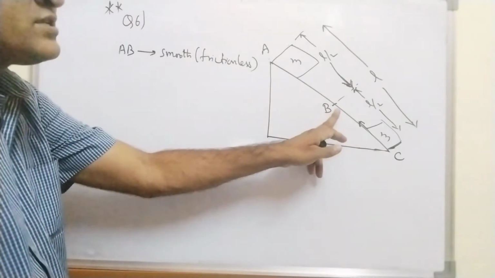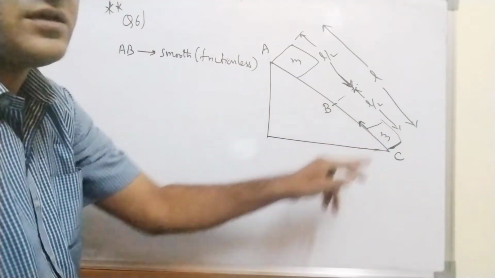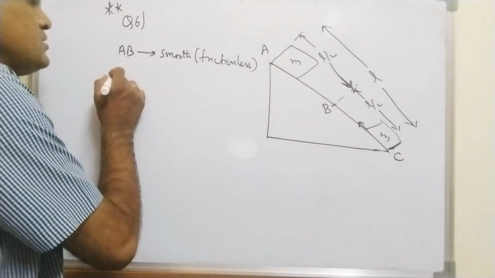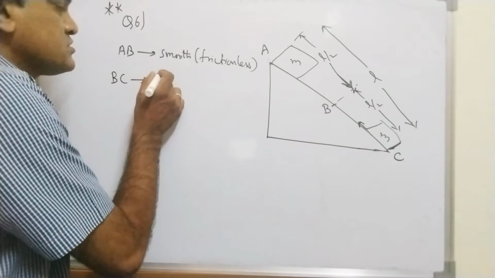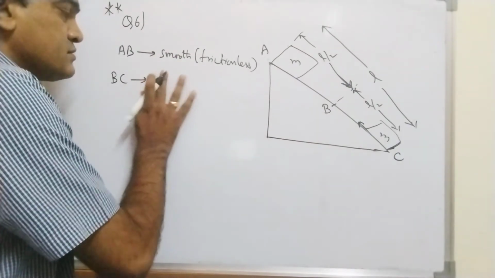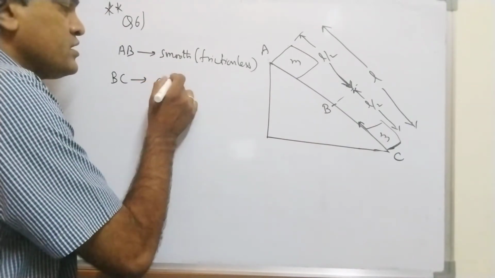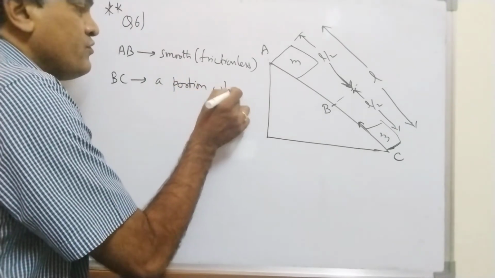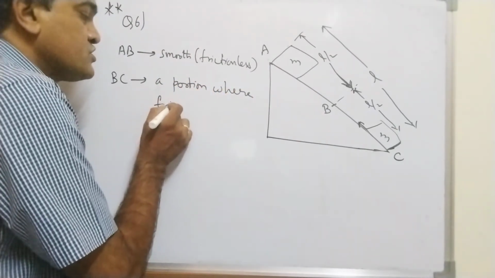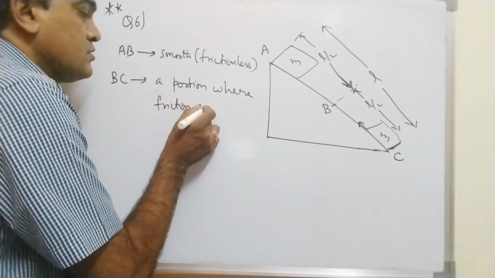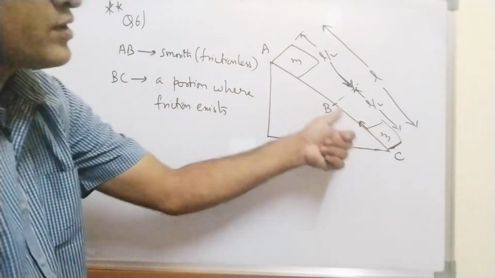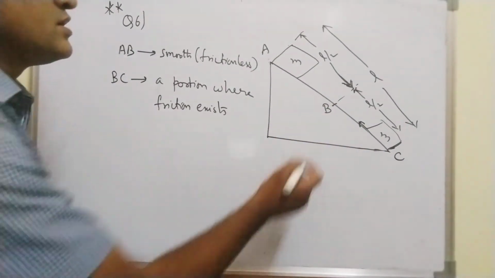The moment it starts sliding from B to C, here friction exists. BC portion has friction. BC is a portion where friction exists.